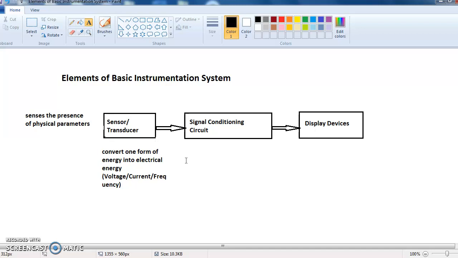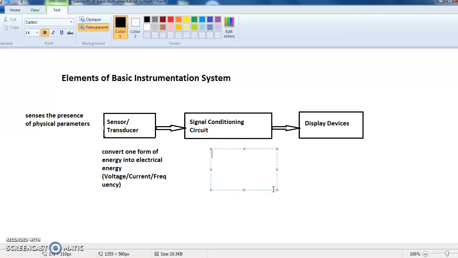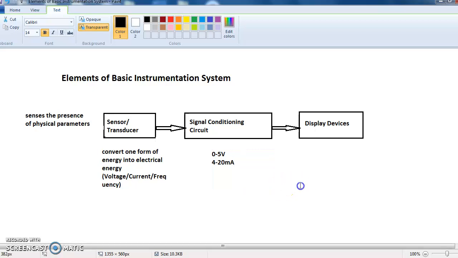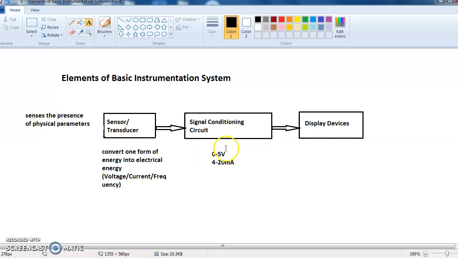No. So therefore I need output to be in the form of a standard signal. What are standard signals? Standard signals are 0 to 5 volts or 4 to 20 milliamp. So I need my output to be in the form of 0 to 5 volts or 4 to 20 milliamp so that I can make it universal.